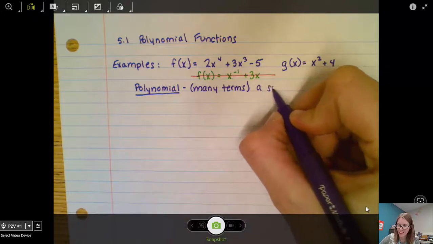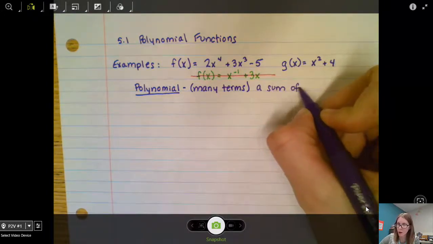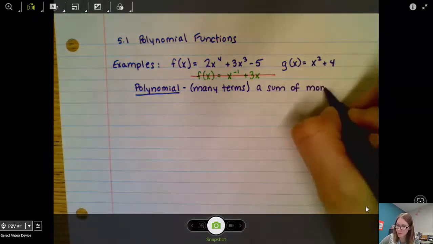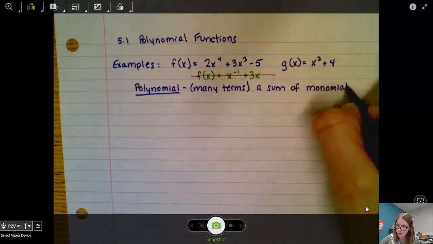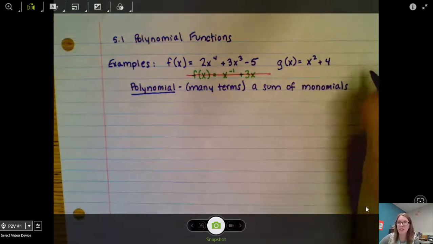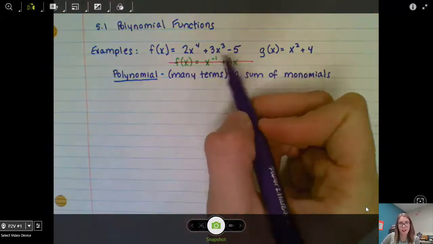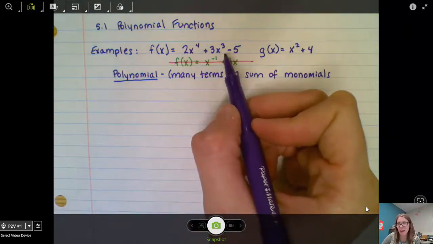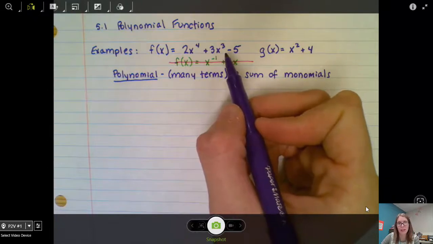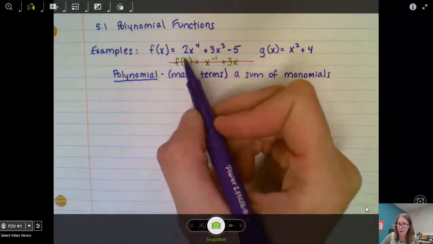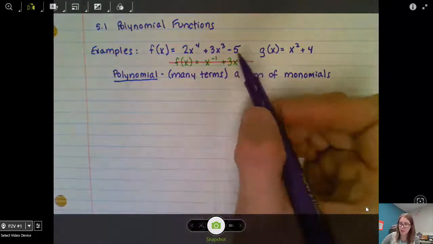And our definition is a sum of monomials. And monomial, that just means the individual terms. So sum, I have addition here. Okay, and even right here, we see minus 5, but it's really plus a negative 5. And then I have my individual terms.